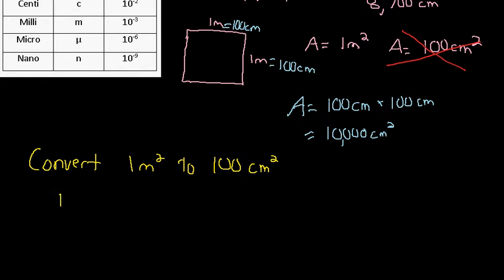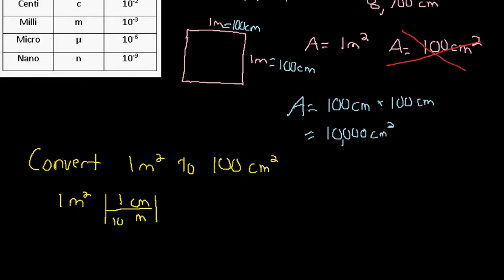We start with 1 meter squared. We set up our little fence. We want meters squared to cancel out. For now, though, I don't have a conversion factor between centimeters squared and meters squared, so I'm just going to put centimeters and meters for now.